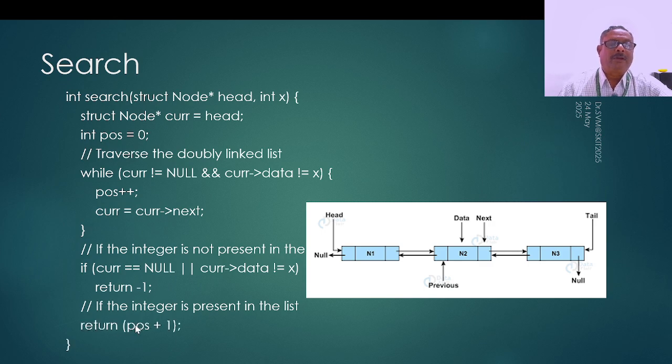Otherwise, return position + 1. Why position + 1? Because we have initiated with 0, so the first node is known by position 0, second node position 1, third node position 2, and so on. So the value of position is 1 less than the actual position because we are starting from 0.